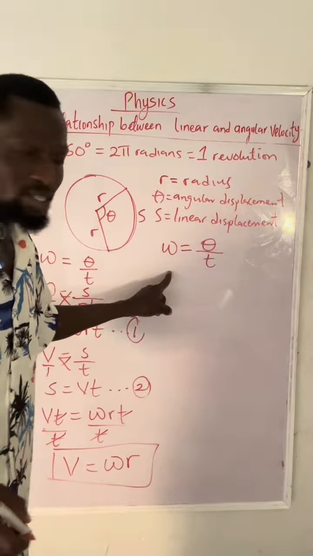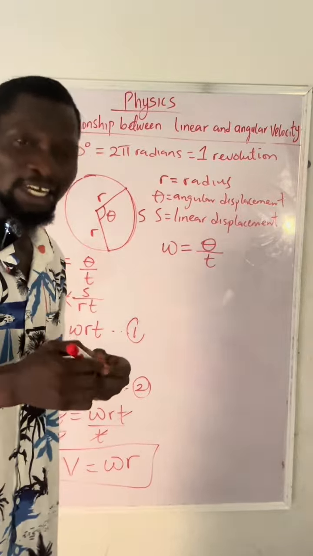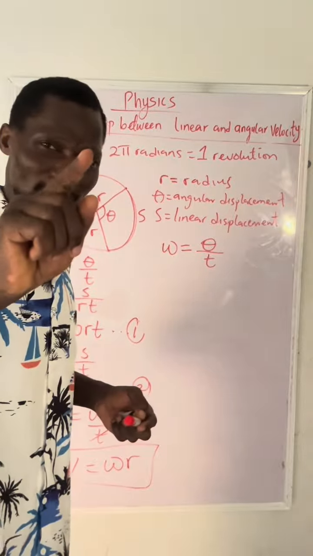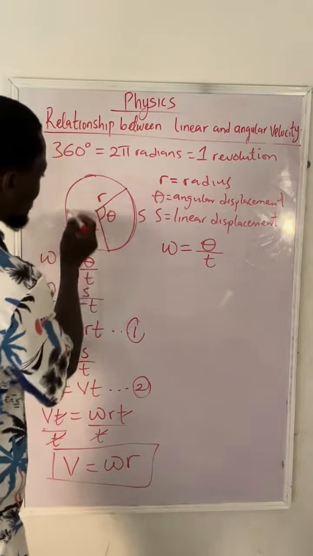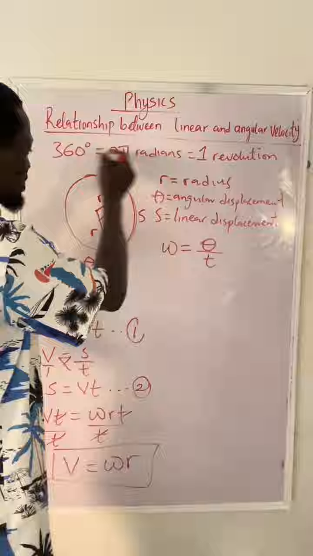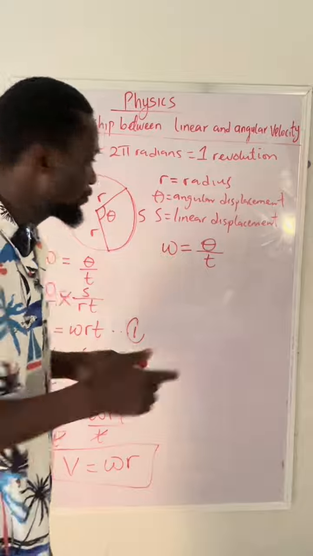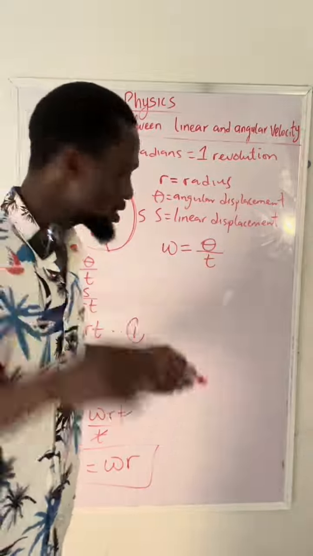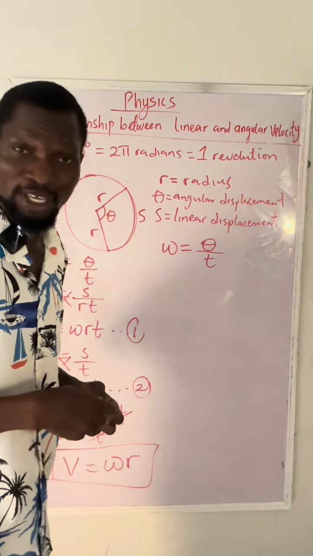That is, angular velocity equals the angle turned per unit time. But do you know something? What is going to happen if a body moves in a complete circle like this? What is going to be your angle if a body moves in a complete circle?